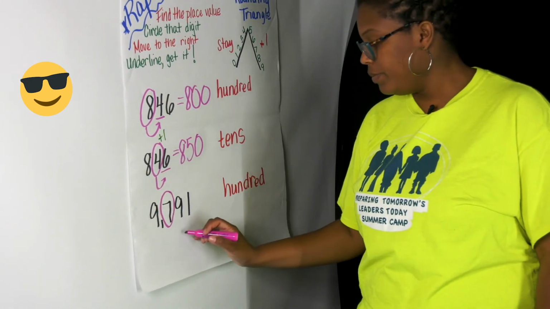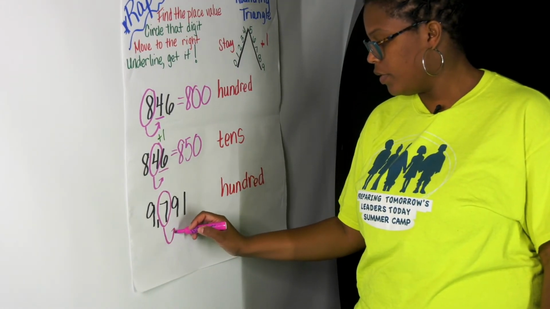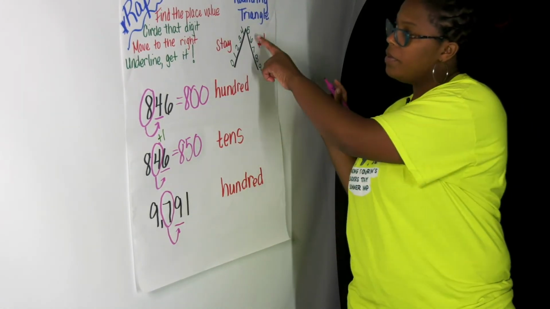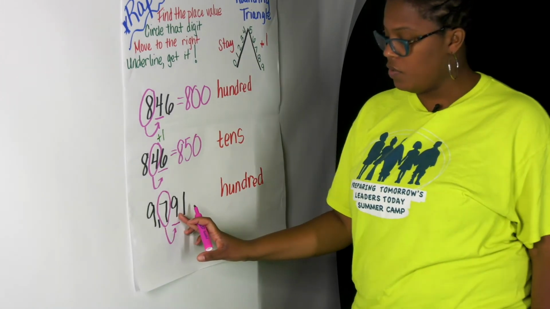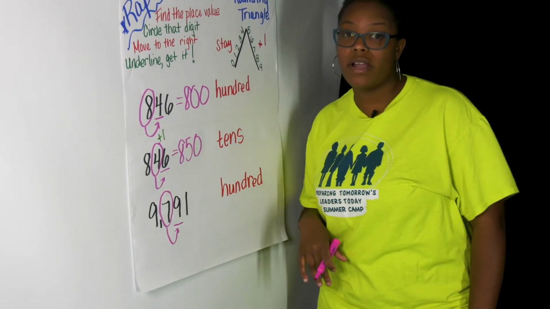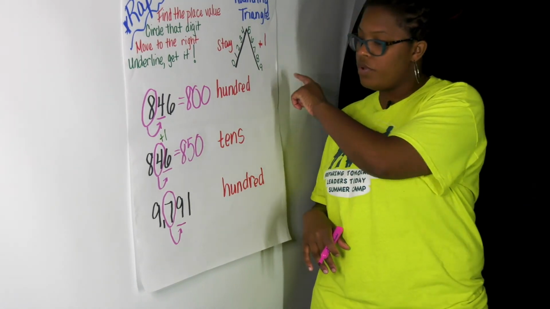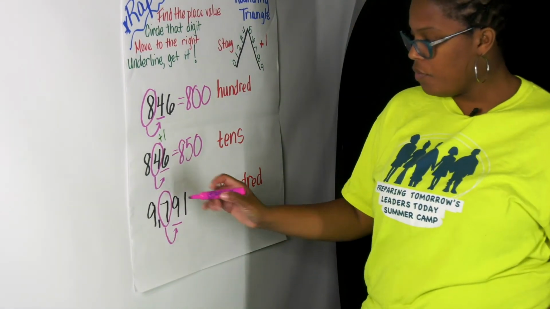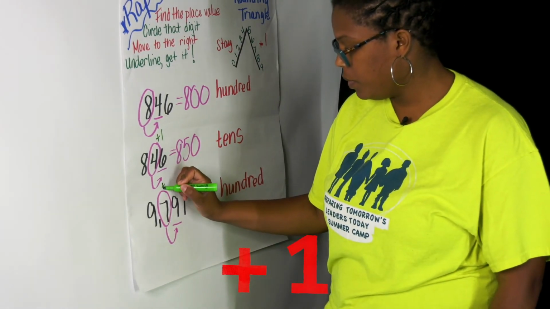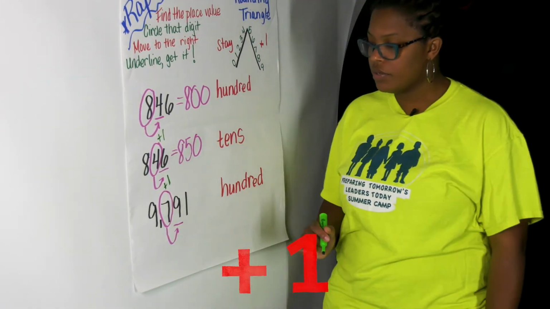Move to the right. Underline, get it from our rounding triangle. So this underlined digit 9 is on the right side of our rounding triangle that tells us to add 1. So we're gonna add 1 to our circled digit. Just put your +1 above your circled digit.